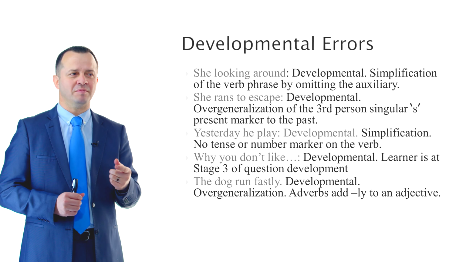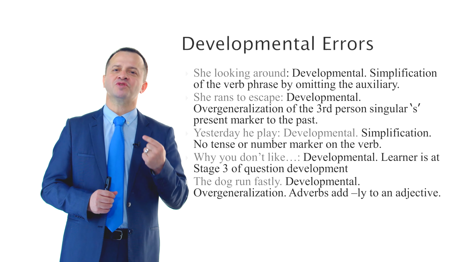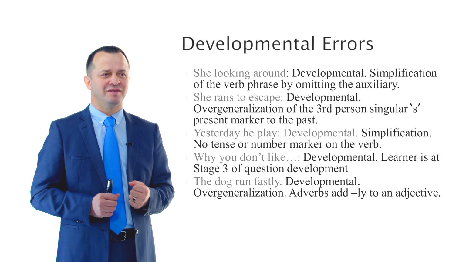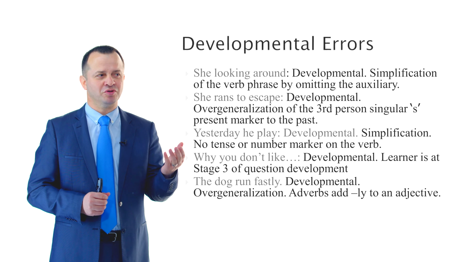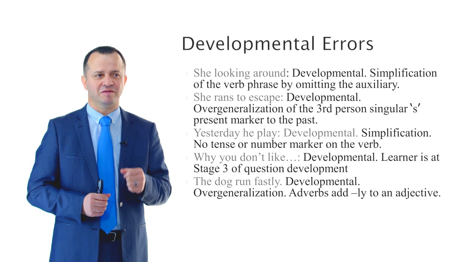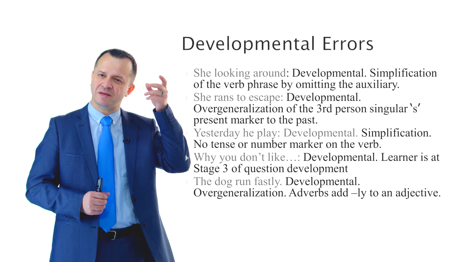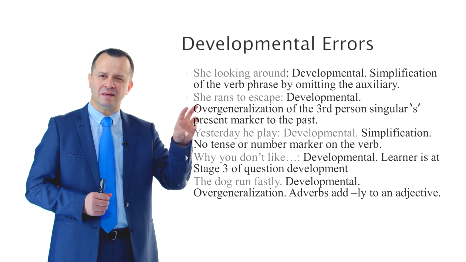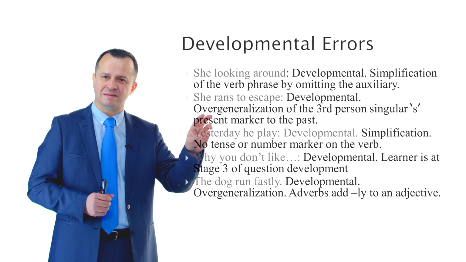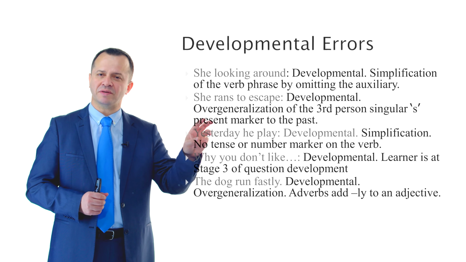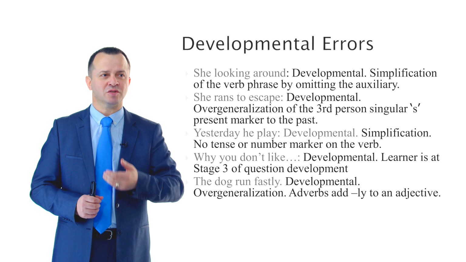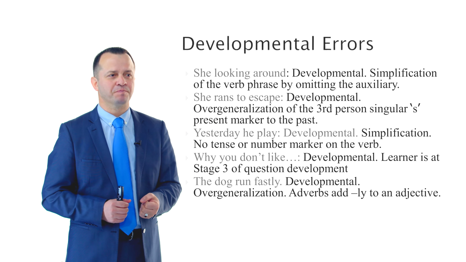She runs to escape is overgeneralization, right? There is a third person singular s, a present marker, applied to the past. The learner thinks that I can use that singular s always. That's what we call overgeneralization.